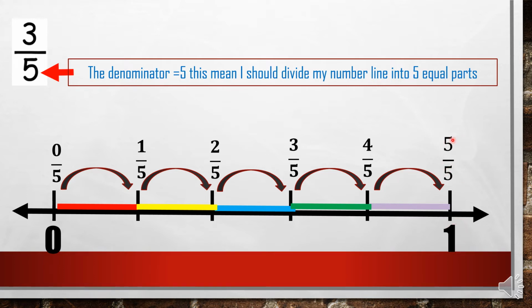So if I say 5 out of 5, I can say it equals 1. Suppose, for example, I have 3 out of 3, it also equals 1. So any fraction having the same numerator and denominator equals 1 whole.